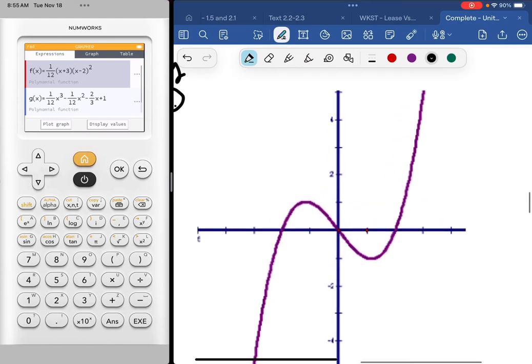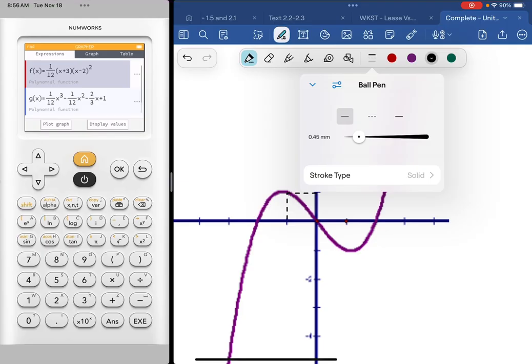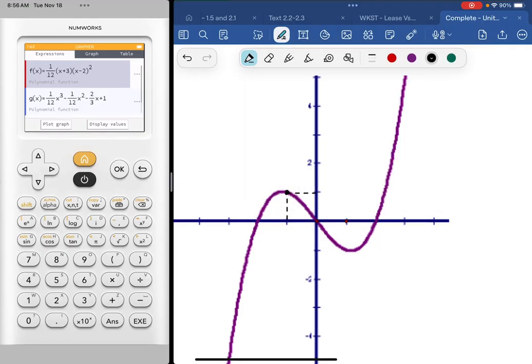But if you can estimate the value of a point along the graph, and this is really just to determine shape, like for example, I'll give you this one. If I go up here and go over, I know it's not the best looking graph in the world, but that's telling me that there is a point on the graph of negative 1, 1.